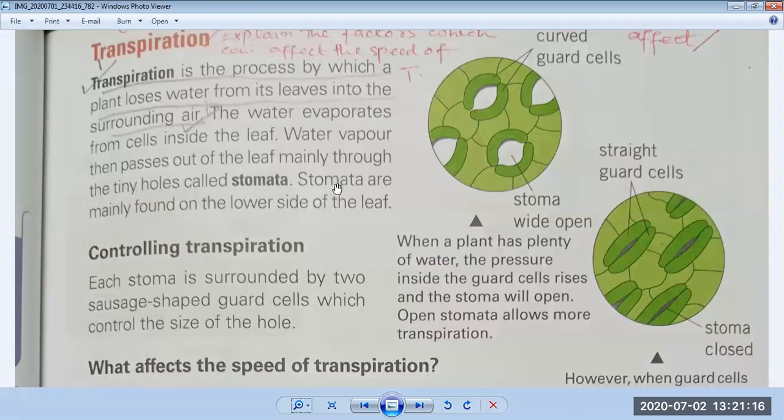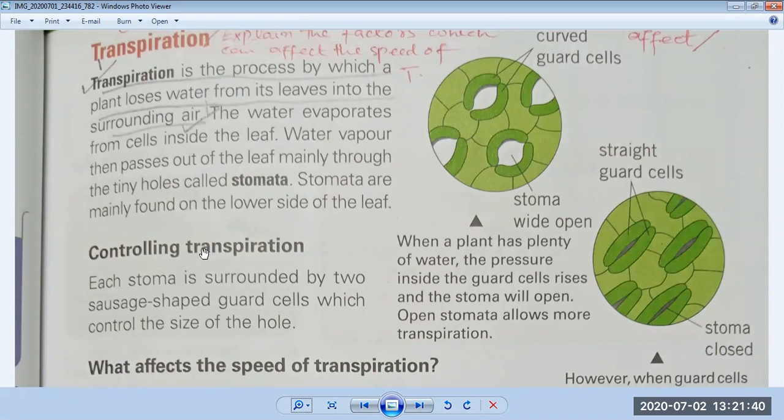These metabolic wastes are collected near the stomata. So when early in the morning these stomata are open, this water begins to evaporate into the air due to sunlight. You all know that sunlight is responsible for evaporating water into the surrounding air, in the atmosphere.